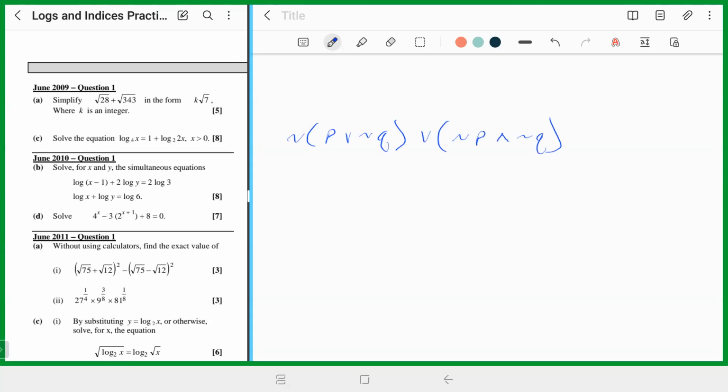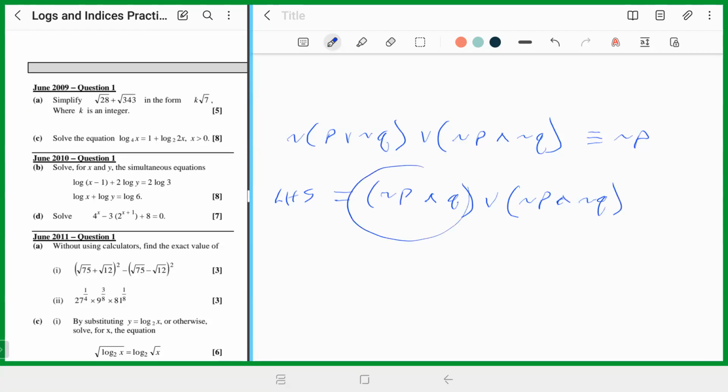So we must prove that this equals not P, right? Alright, so we're doing the left hand side. We're gonna work this out first. This becomes not P and Q, or not P and not Q, right? Then I have to distribute all of this over this.